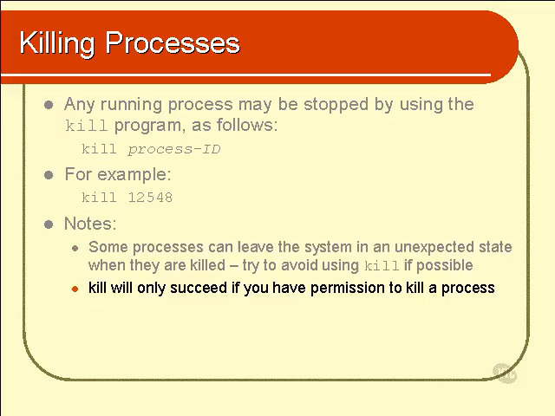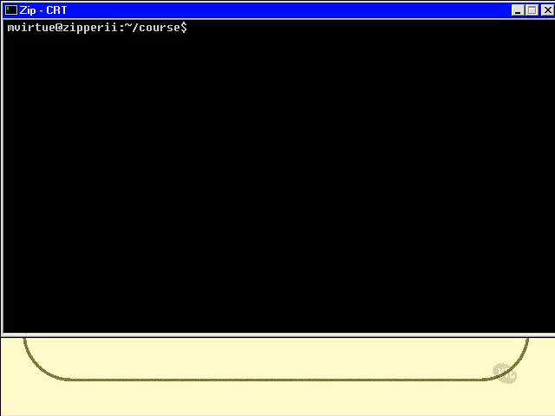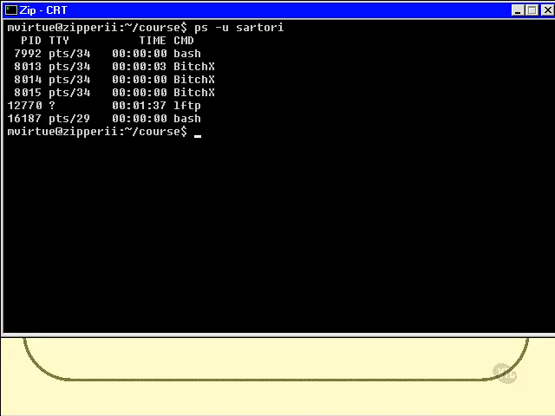Something else to keep in mind: the kill program cannot be used to kill processes that you do not have permission to kill. In other words, let's see if I can try and kill the process of somebody else on our system. Have a look at this. I'll do a ps -u Sartori. That was a user that was logged onto the system before, and they're still logged on.